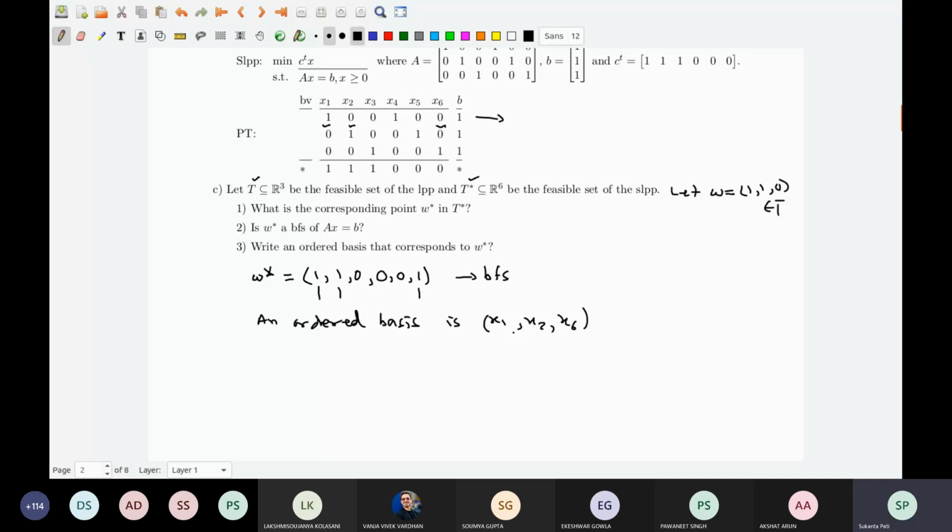If you have fewer positive entries, then out of the zeros you can select any one such that the whole matrix that you are selecting is non-singular. Or you can also take x2, x1, x6, or any 3 factorial combinations, any arrangement of them.